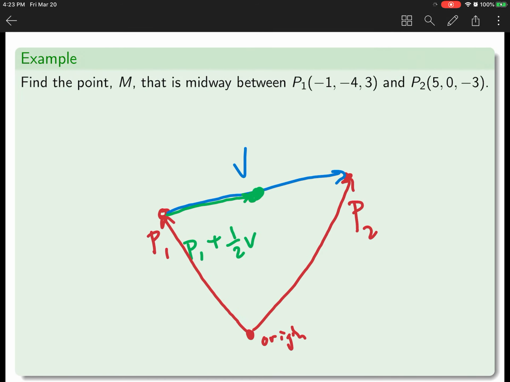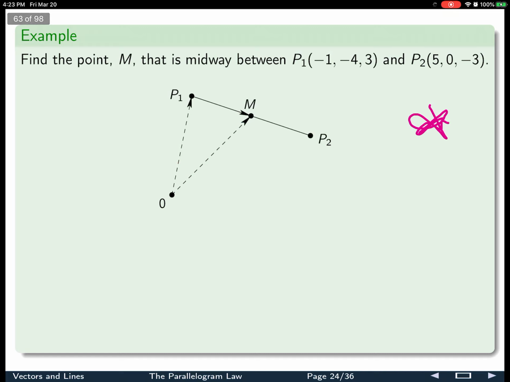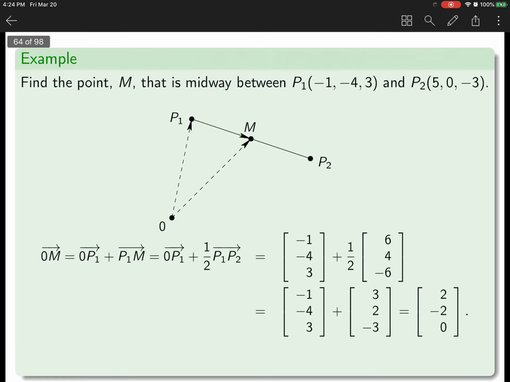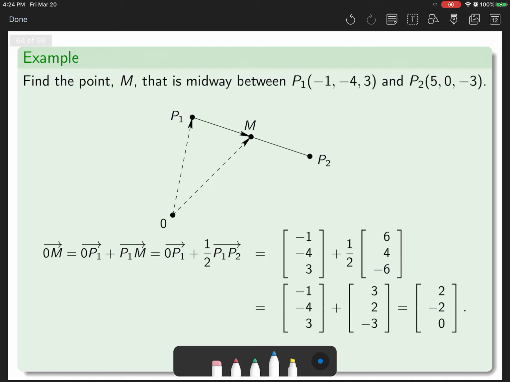Going on to the next slide. Boom. That's a nice little visual. And here's what the math looks like. There's our vector V that I came up with on the last slide, and we're taking 1/2 of V there. Add them together, and you get the midpoint, which is cool. Midpoint right here.